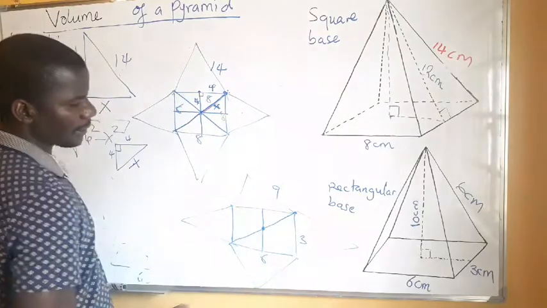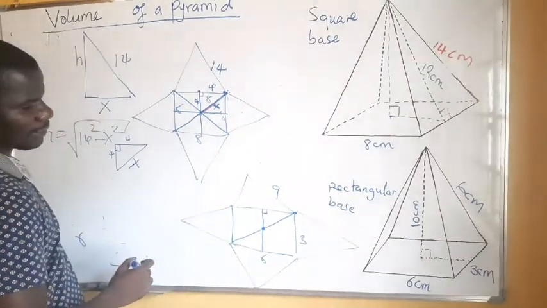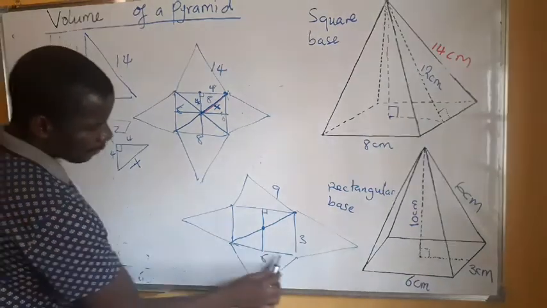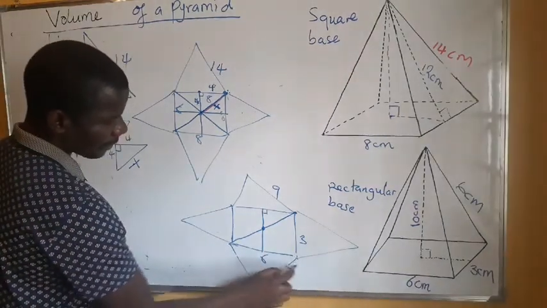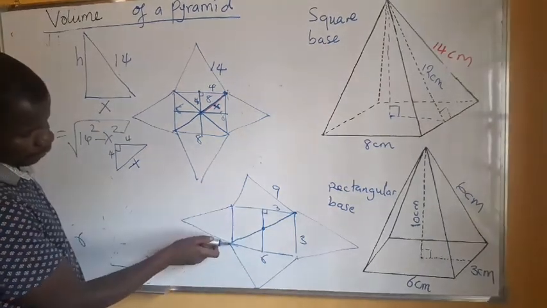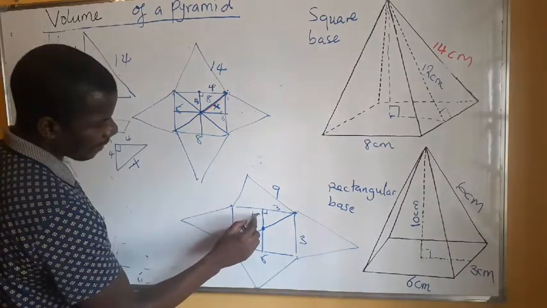What is this distance? Here, this forms 90 degrees. So since from this point up to this one, it's 6, this is my 3. And also, since from this point up to this point, this is 3, this is going to be 1.5.